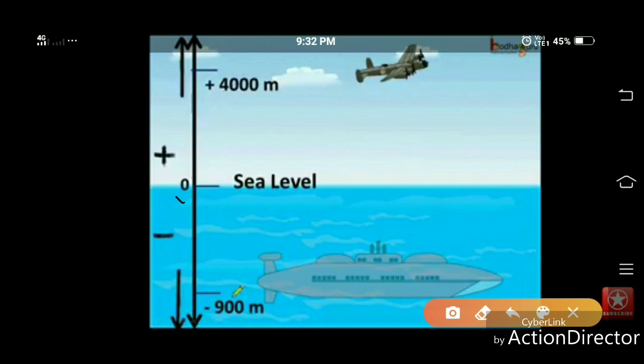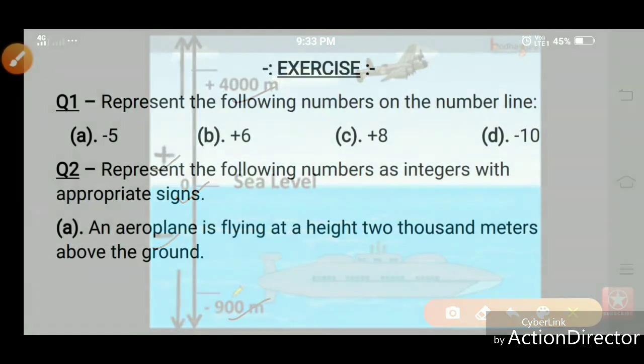Sea level is denoted 0, the upward direction is denoted by a positive symbol and the downward direction by a negative symbol. So we denote it as plus 4,000 meters and minus 900 meters.